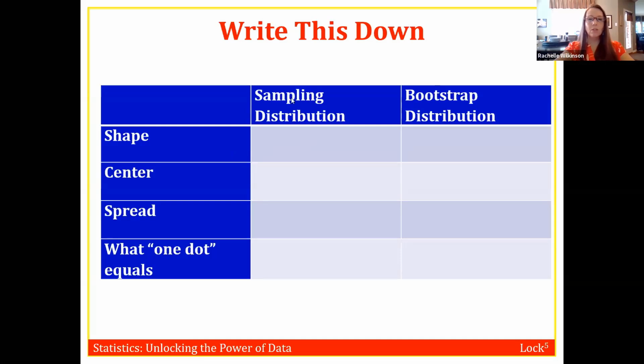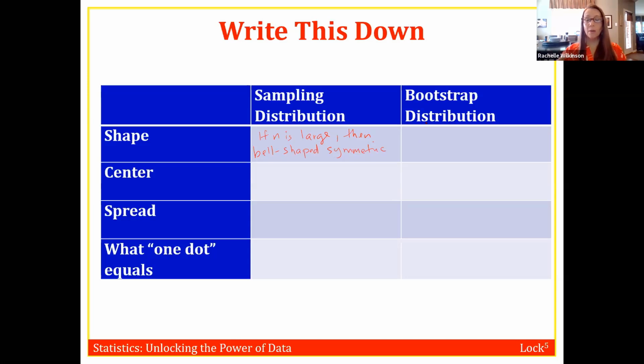When we talk about sampling distributions, what shape did we say they were? We said if our sample size is large, the shape of the sampling distribution will be bell-shaped symmetric. Exactly. So if n is large, then bell-shaped symmetric.